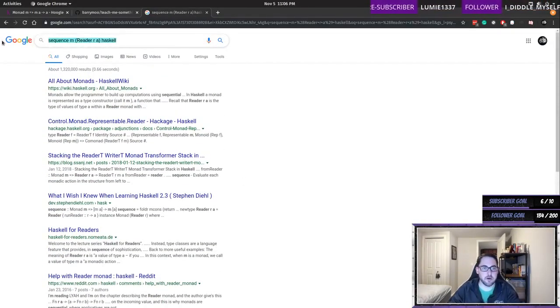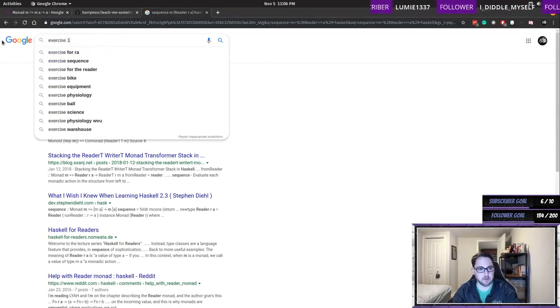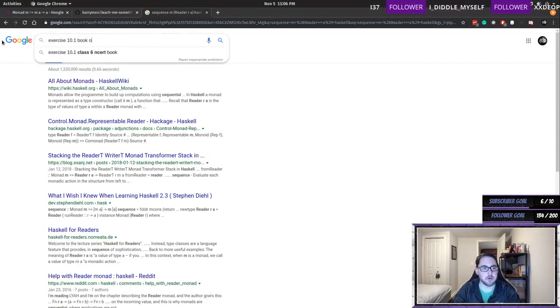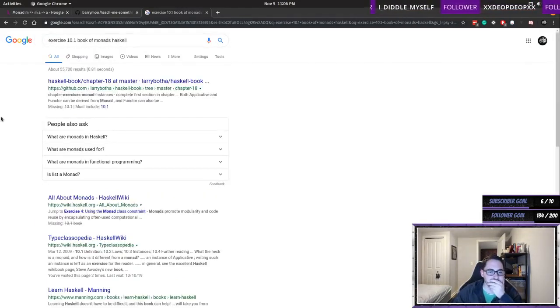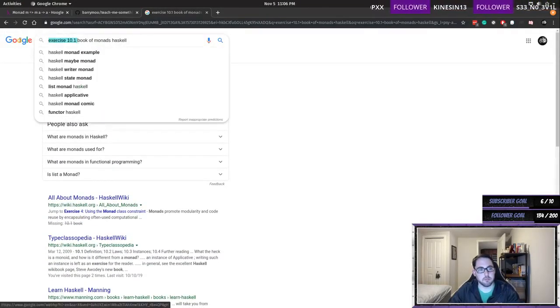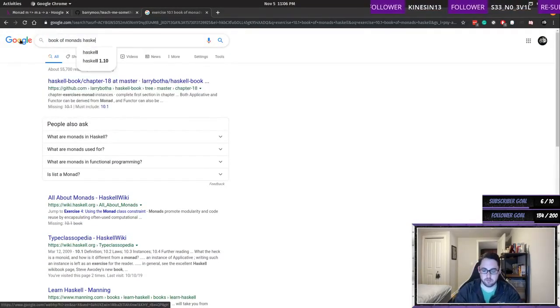Maybe I can look this up a different way. Exercise 10.1, Book of Monads, Haskell. Prologue. I don't know that I'll do Prologue. How about this? Book of Monad, Haskell, Solutions, GitHub.